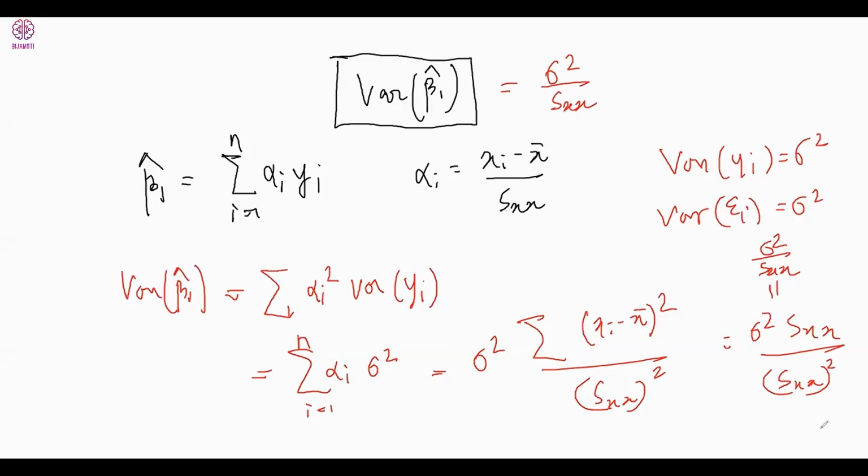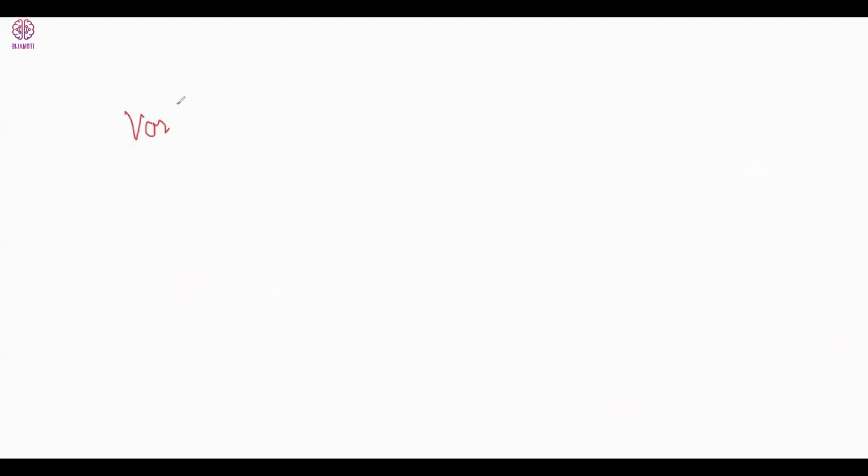Very good. So let's write down the results now. The variance of beta 1 hat is equal to sigma square by sxx.